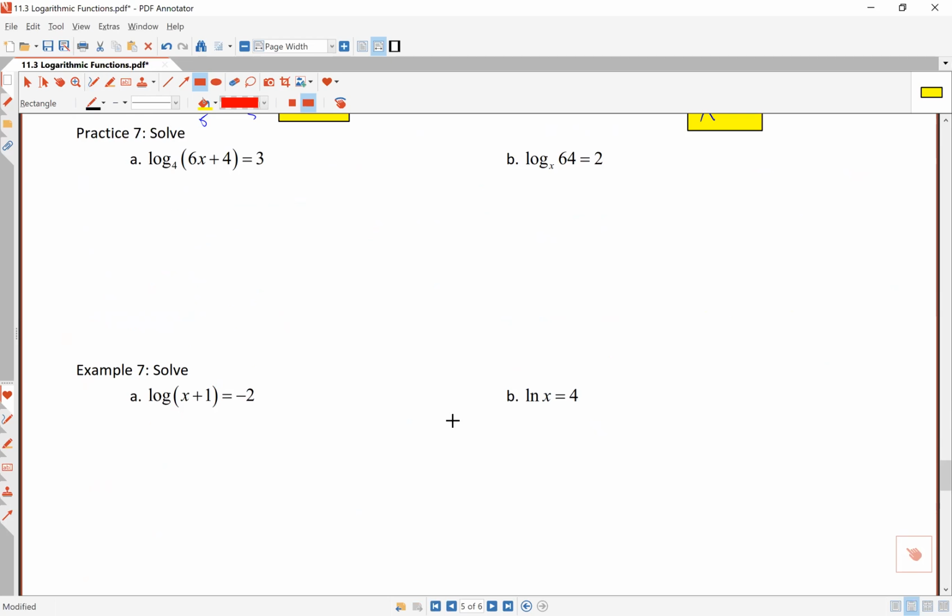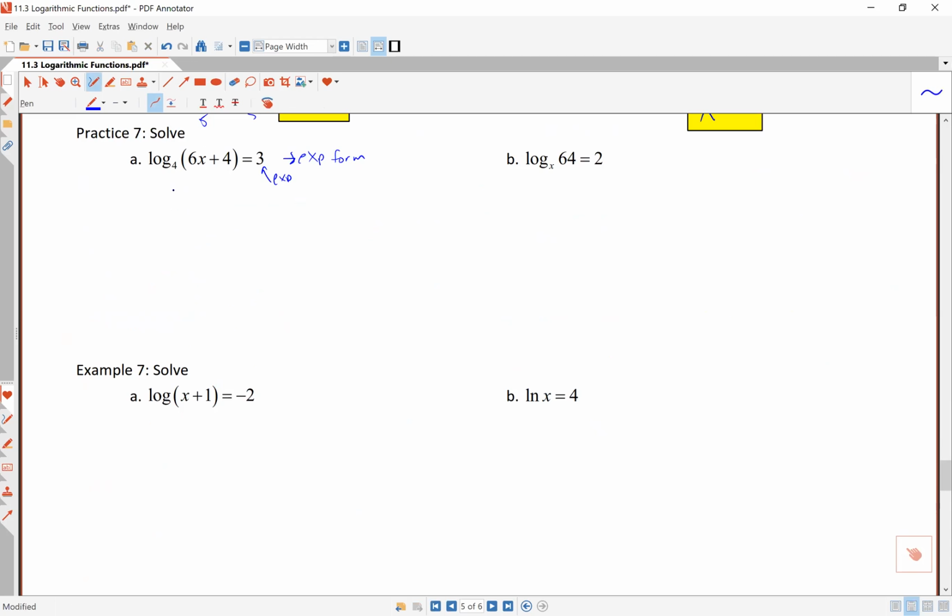Practice 7a, solve log base 4 of 6x plus 4 equals 3. Logarithmic equations have the equivalent exponential form. 3 is the exponent.